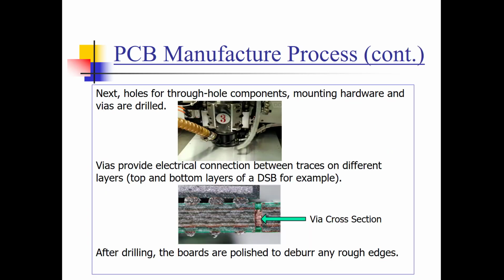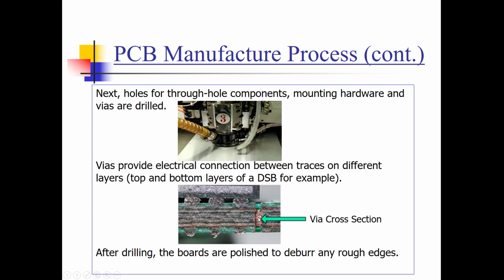The next step in the process is that they'll drill the holes for the through-hole components and your mounting hardware, and also vias. As I have here, vias are just electrical connections between layers. This picture shows a printed circuit board that's been cut, just so you can see the via. The via is through plated, through an electroplating process.